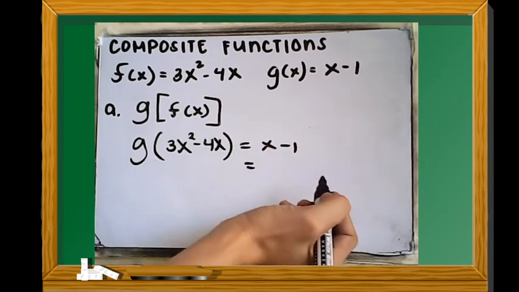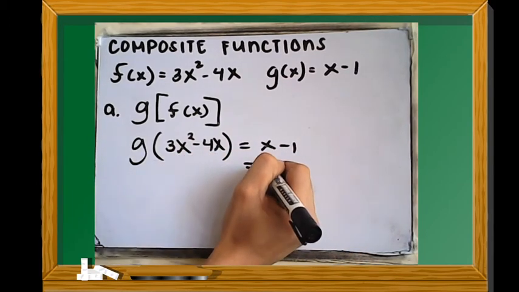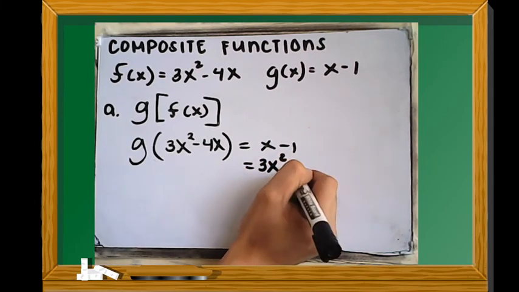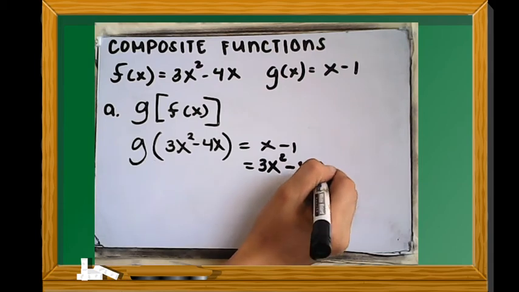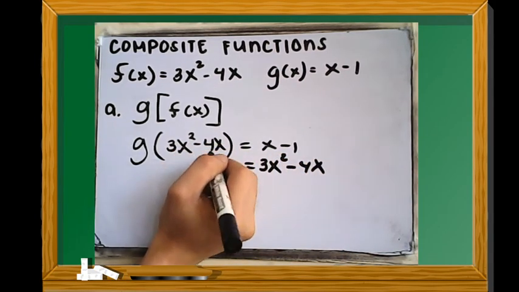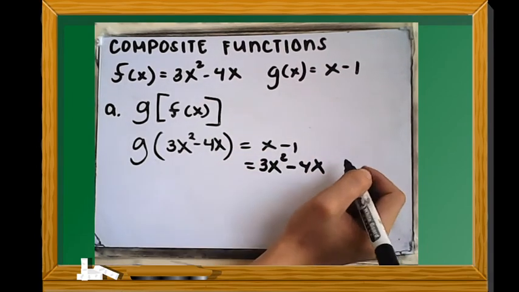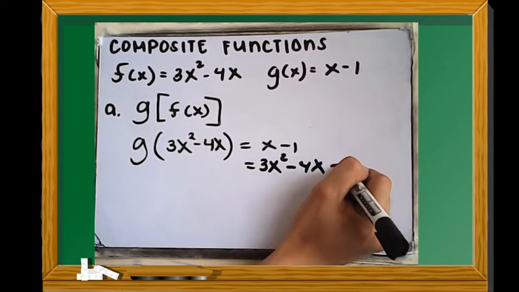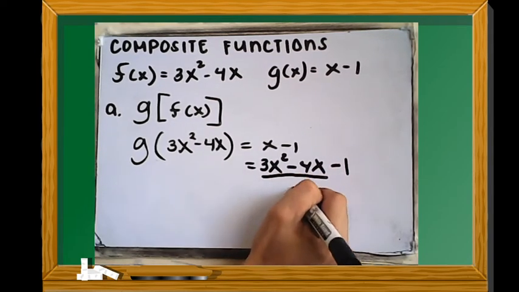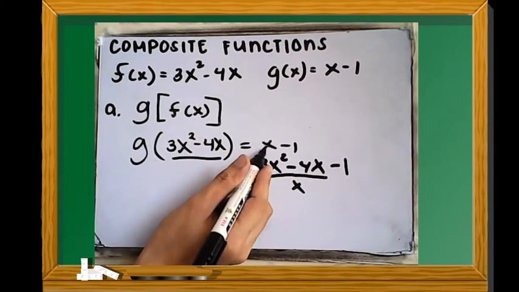So, papalitan lang ulit natin si x kung ilan yung nasa loob nito ng parentheses. So, that is 3x squared minus 4x. So, ito yung x natin. Kasi nga, ito yung value ng g of x. And then, just copy minus 1. So, kung mapapansin nyo, yung part na to, ito yung x. Pinalitan lang natin kasi ito yung kailangan nating ipalit sa value ng x.